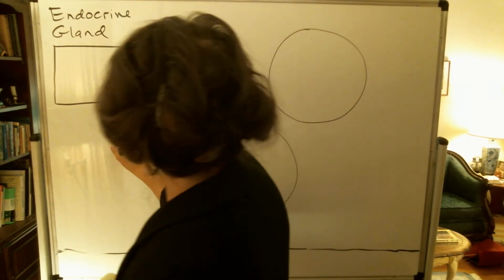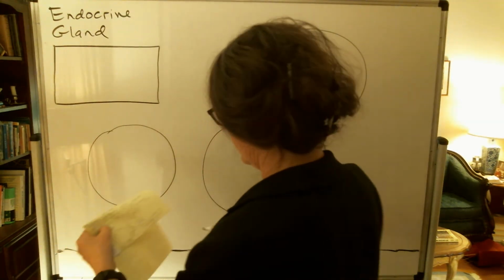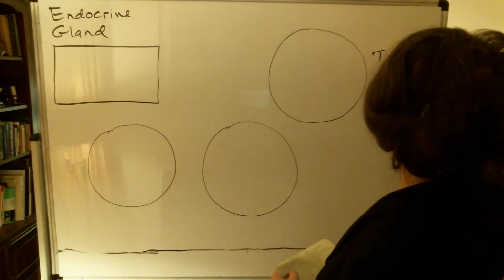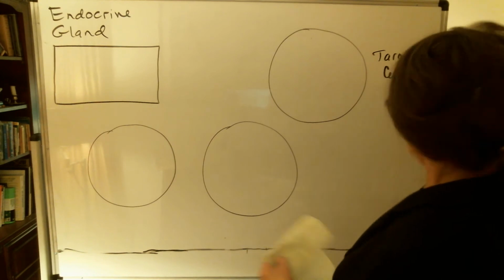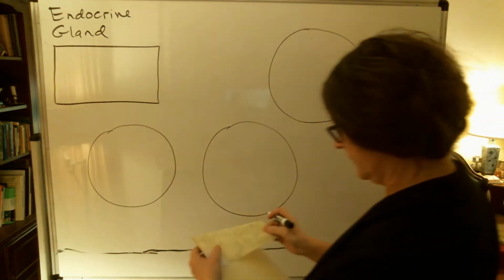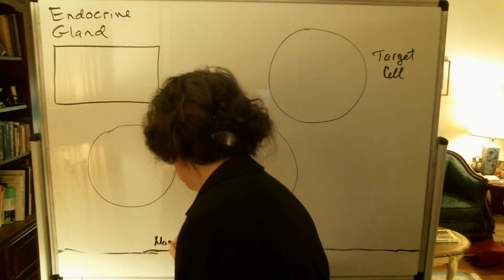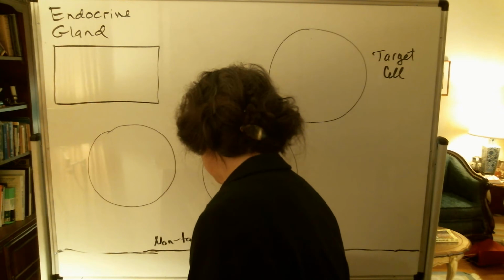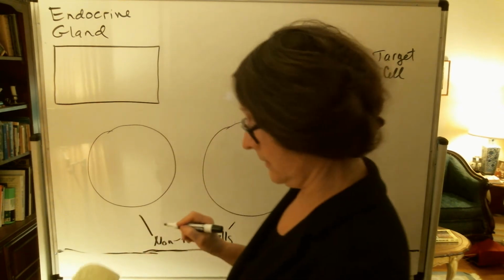Here's a cell. And here's a cell. So this now is a target cell. And these two then are non-target cells. There's one, and there's one.